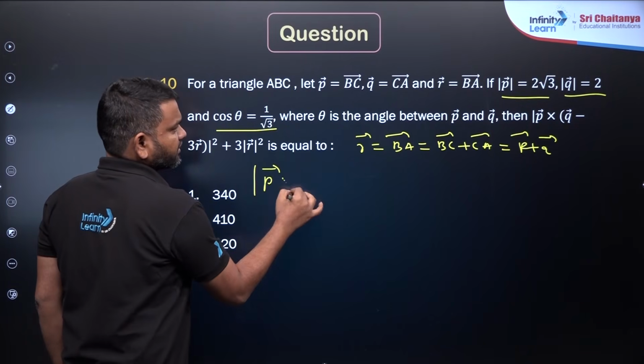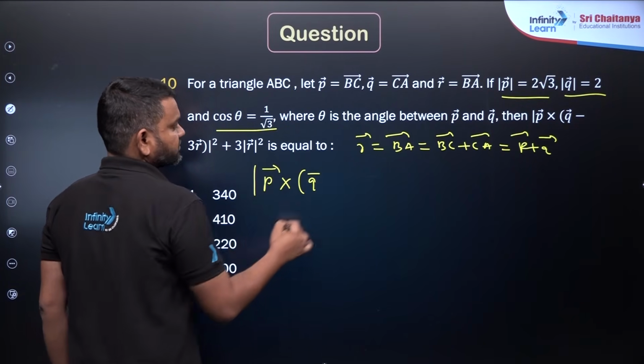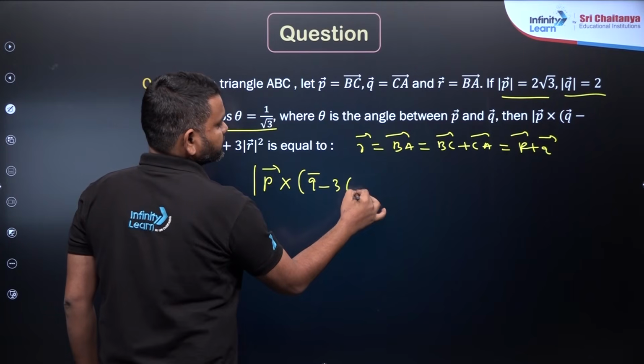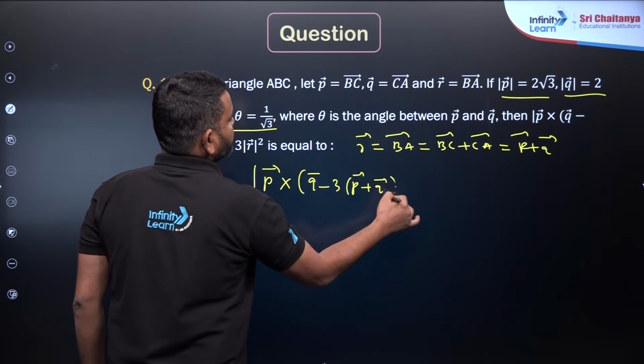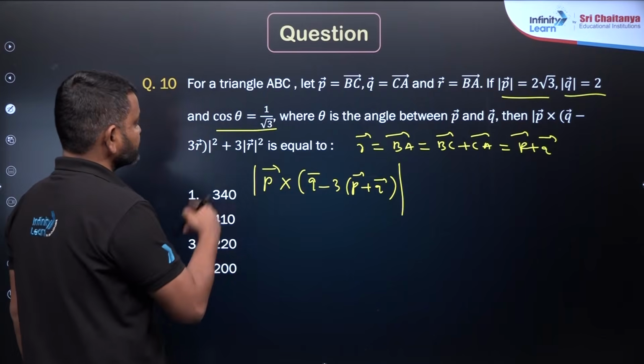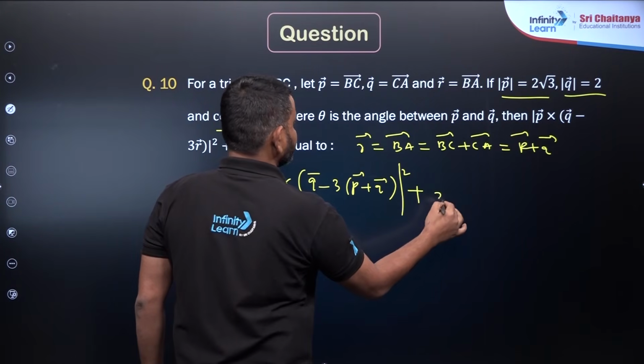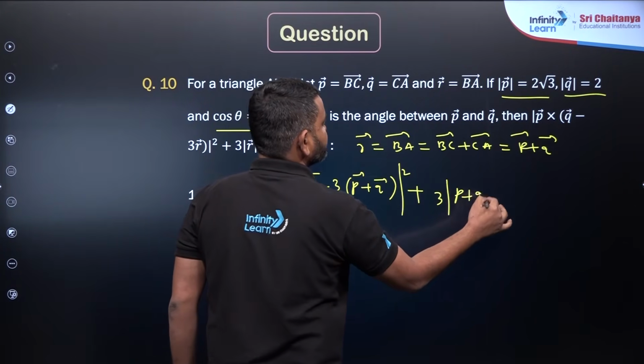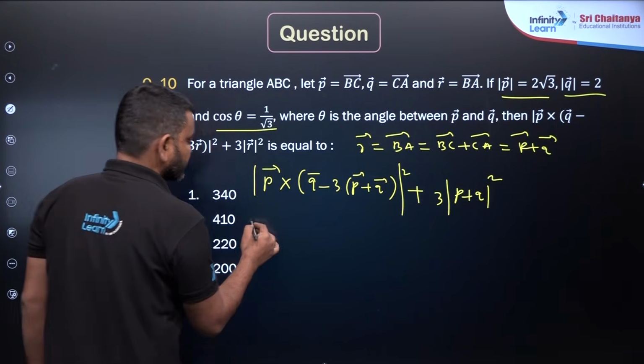So P cross Q minus 3 times of R they asked. So that is nothing but P plus Q, right? And square I have to do, plus 3 times of R square, which means P plus Q whole square. This is what they are asked to solve.